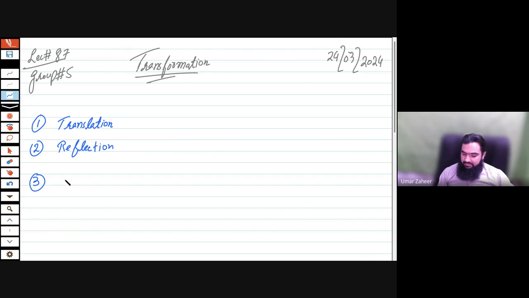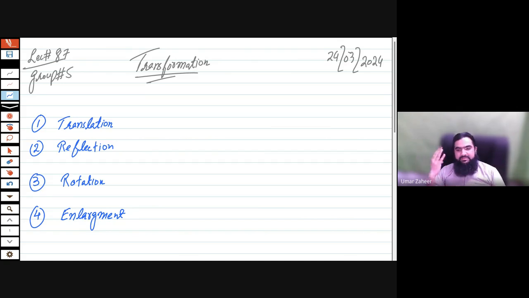The third thing is the rotation. Rotation means you are going to rotate any object. The fourth one is the enlargement. Enlargement means the object is bigger and you have to do something, it will become smaller. Or the object is smaller and you have to do something, it will become a bigger one. So these four types of transformation, inshallah, we are going to be doing. All right.